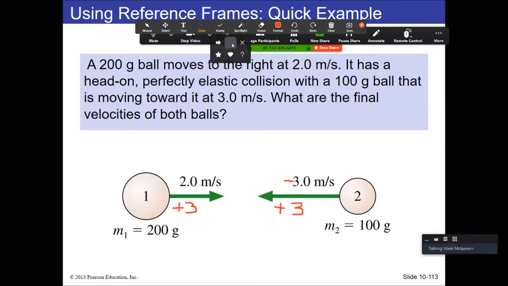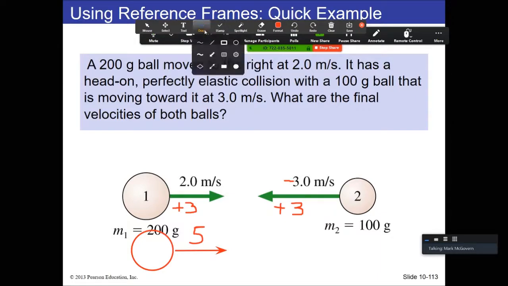And so when I do that, now the problem becomes this. Ball 1 is now moving to the left at 5 meters per second. All right, 5 meters per second. And now ball 2 is at rest.